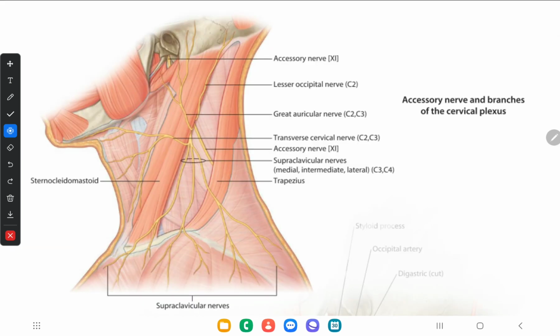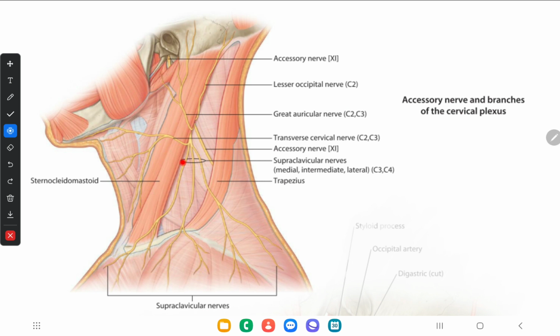Let's see what the superficial contents of the posterior triangle are. The cutaneous branches of the cervical plexus enter the posterior triangle by piercing the prevertebral fascia around the midpoint of the posterior border of the sternocleidomastoid muscle.